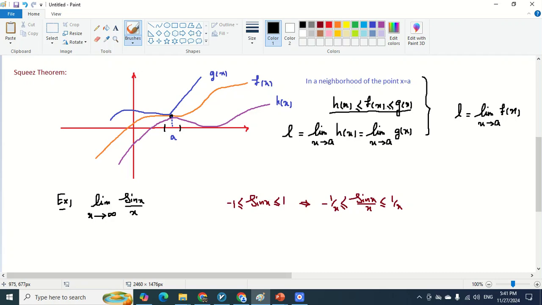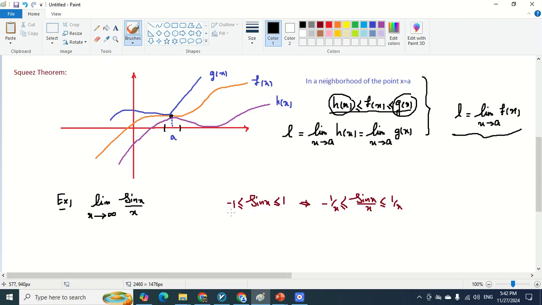If f of x is squeezed between these two functions in a neighborhood of a, and also the limit of these two functions, g of x and h of x, is tending to L, then the middle function, f of x, also has the same limit L. The best example in this case is the limit of sine x over x, where x tends to infinity.